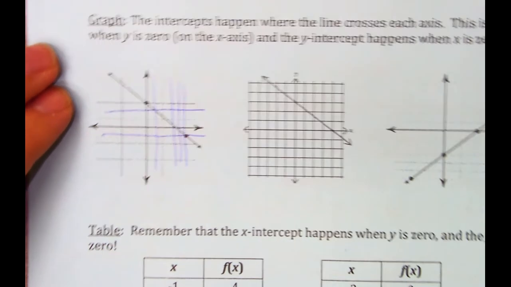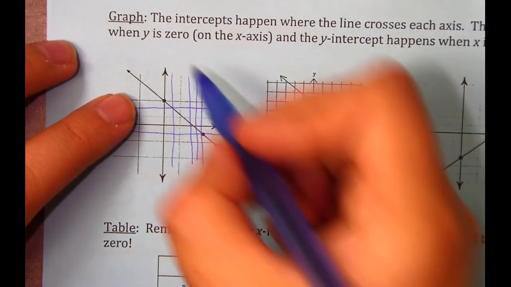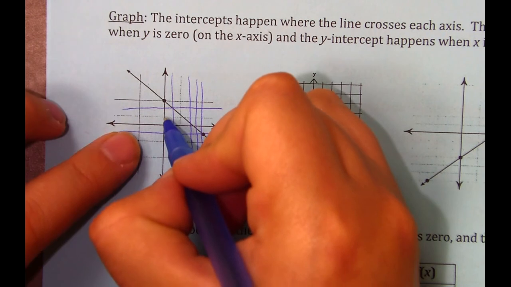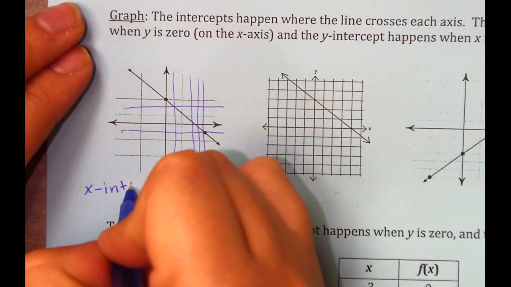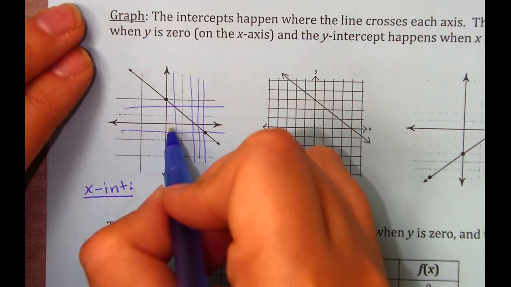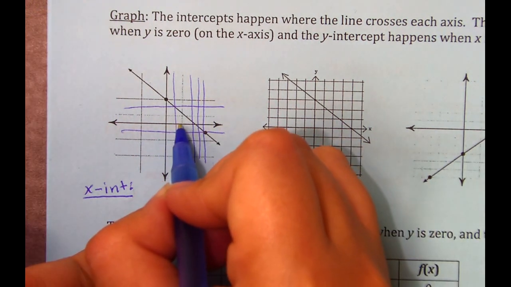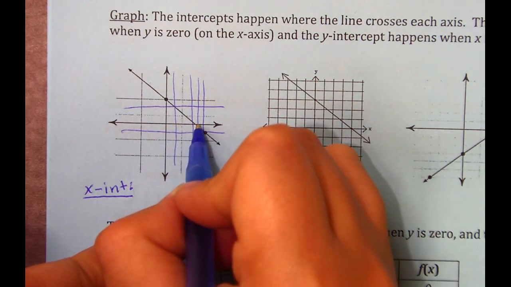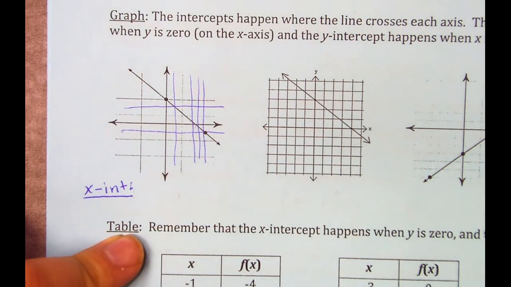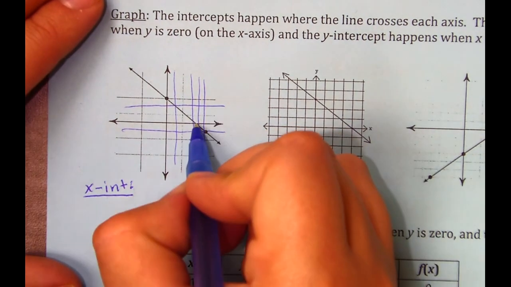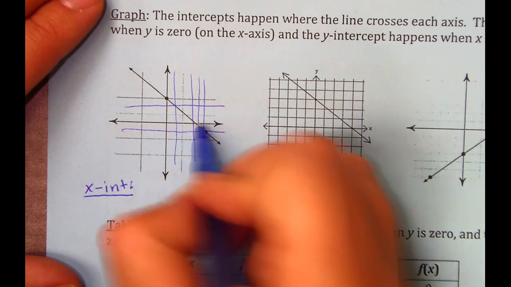So where it is hitting the x-axis is the x-intercept, and that is happening at about 3.5, the way that I drew my lines. I'm not sure if that's completely accurate, but it's crossing the x-axis between 3 and 4.